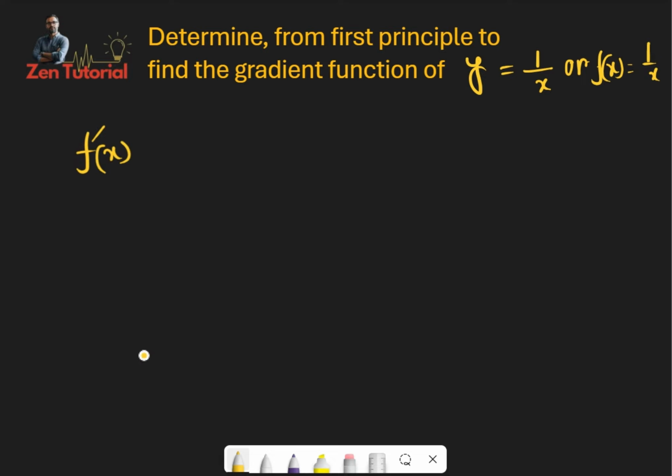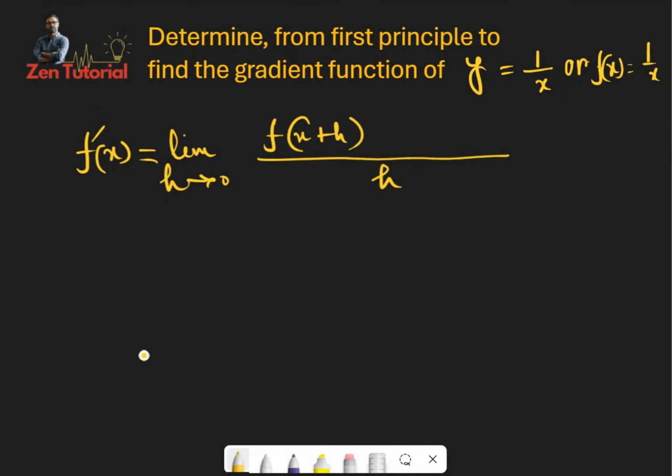the differentiation of this function: limit h tends to 0, 1 by h, f of x plus h minus f of x, right?